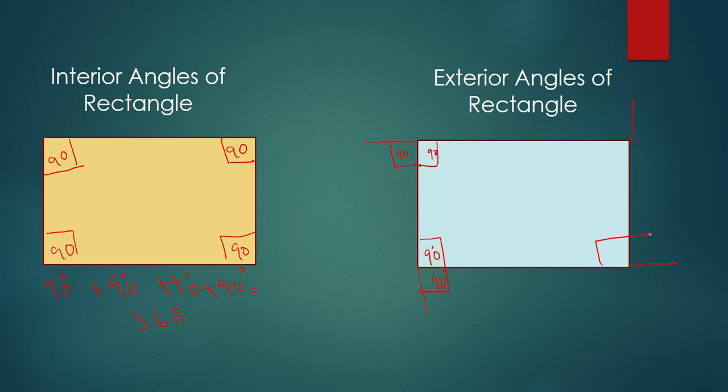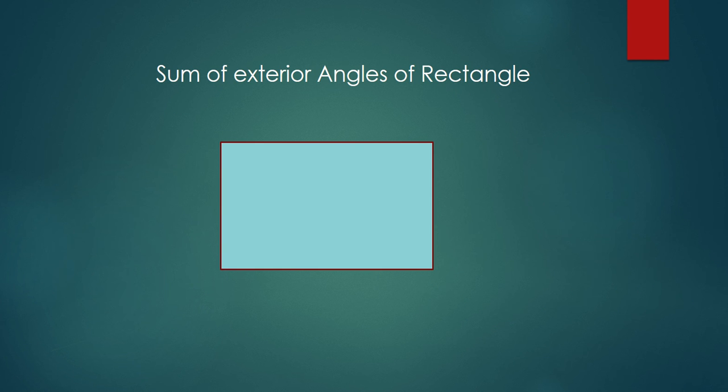This is 90, its supplementary angle is also 90, and this is 90 and the supplementary angle is also 90. So here our exterior angles are all 90 degrees. 90 plus 90 plus 90 plus 90 makes 360. So the interior angle sum is 360 and the exterior angle sum is also 360.